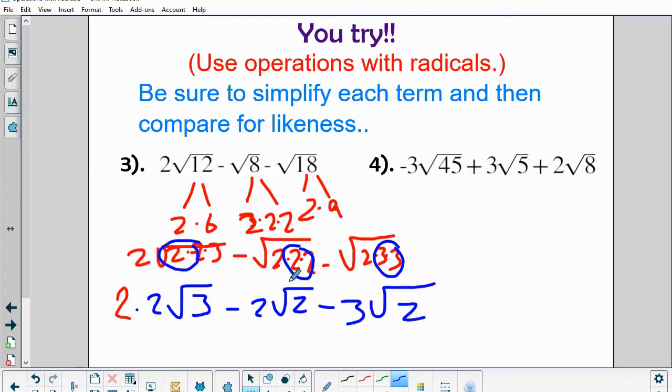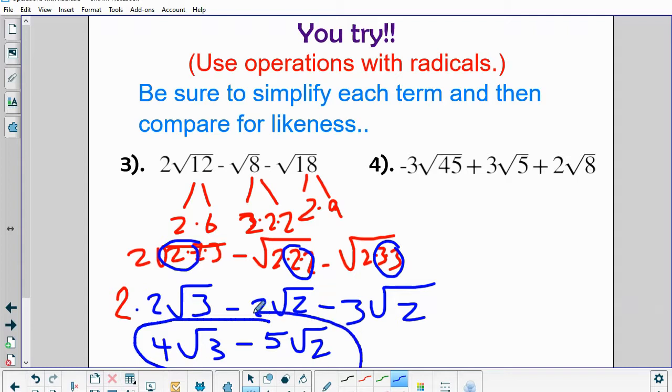And so then we end up with 4 square root of 3. And then we have minus 2 and minus 3 square root of 2. So that's going to be minus 5 square roots of 2. So that's going to be our simplified version of that particular problem.